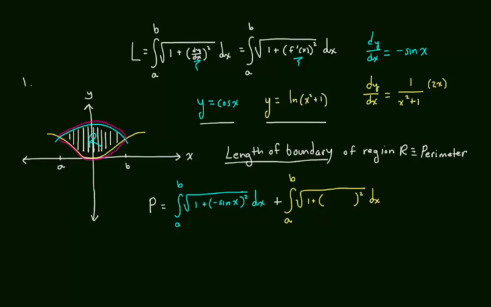Okay, so I can write that as 2x over x squared plus 1, and again, according to the formula, I need to square that quantity. And there we have it. That expression gives us the perimeter.